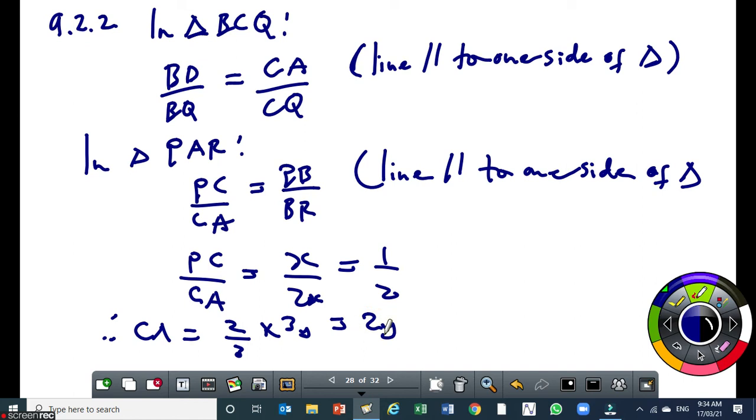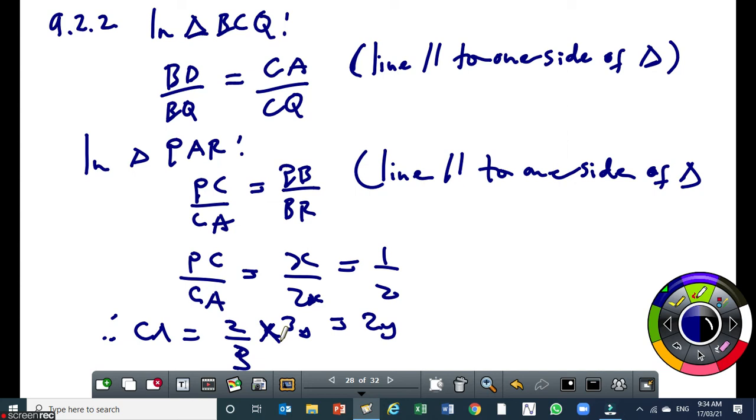Remember the ratios that I spoke about on the first day. Where did I get this 2 over 3? I'm trying to find the length of CA in terms of y, using this ratio here.